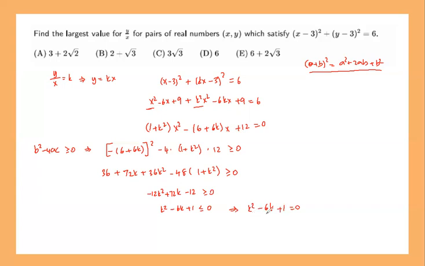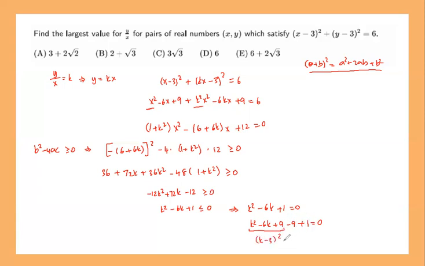You may use the quadratic formula at this point, or you can use completing the square. If I use completing the square, you get k squared minus 6k, divide this by 2, which is negative 3, square that, which gives us 9, but I need to subtract the same thing so there are no changes. That should be equal to 0. These three terms give us (k minus 3) squared.